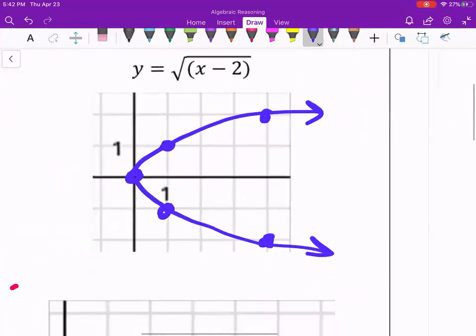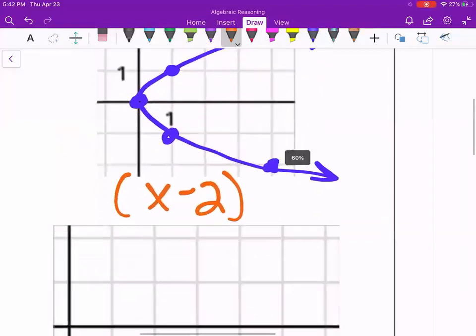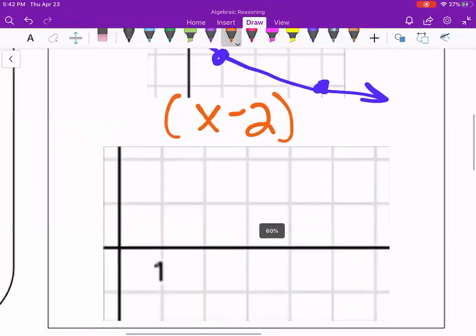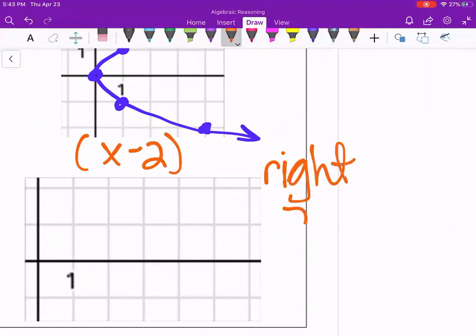Now, inside those parentheses, like we had before, we have an x minus 2. So again, instead of moving to the left where my negative numbers are, this one means we are moving to the right 2 units. So I'm going to put my original 5 dots up here just to help me see where I'm moving.